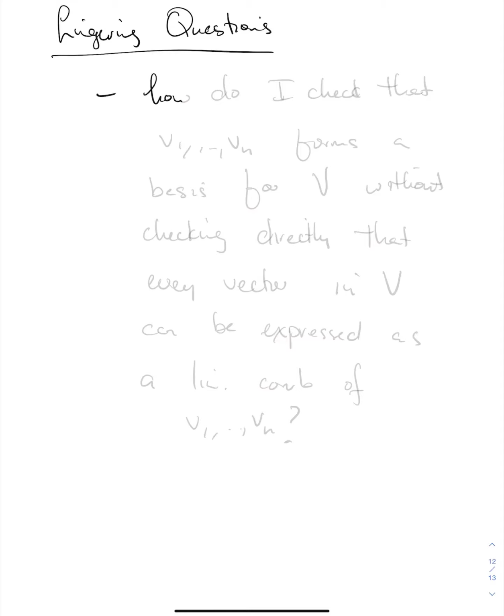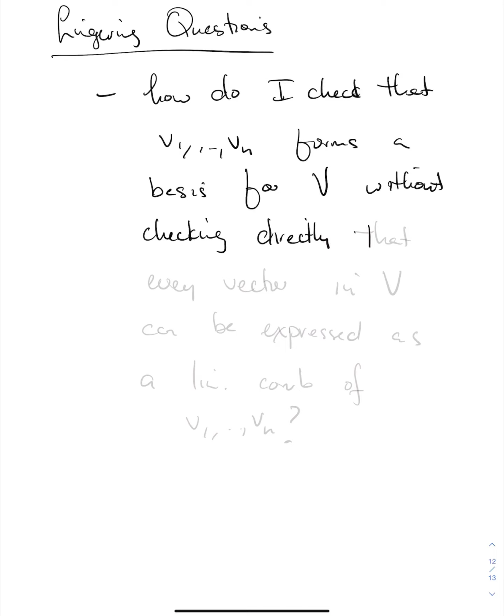How do I check that v1 through vn forms a basis for a vector space V without actually manually checking, without checking directly, that every vector in V can be expressed as a linear combination of v1 through vn?